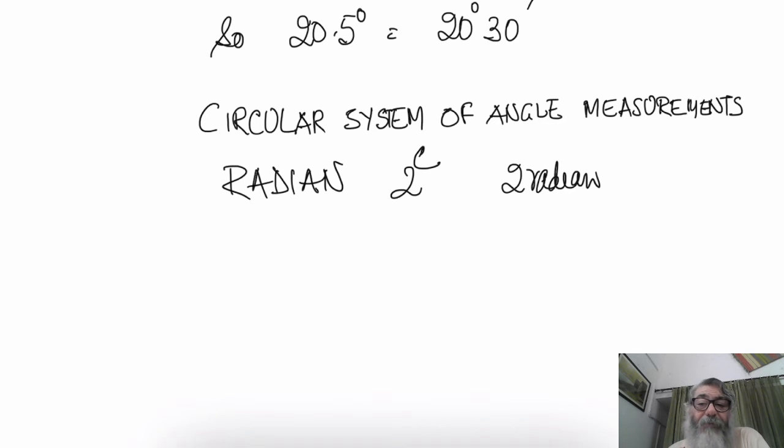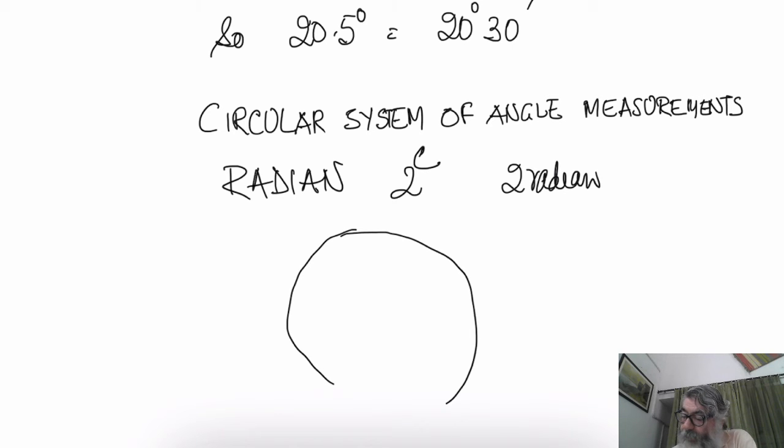Now, how do I define radian? For defining radian, we will have to go into the circle. For example, let me draw a circle. Anyway, I think this should do.